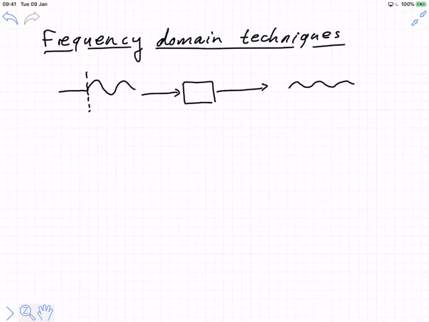We then start a sinusoidal variation, and the output of that system then eventually settles into a sinusoid after some transient time. So there's this kind of transient time, and then after a while, at some point in time, there's now a pure sinusoid.